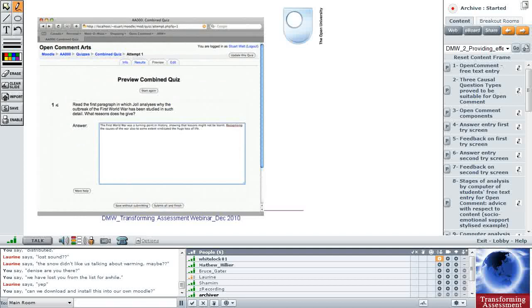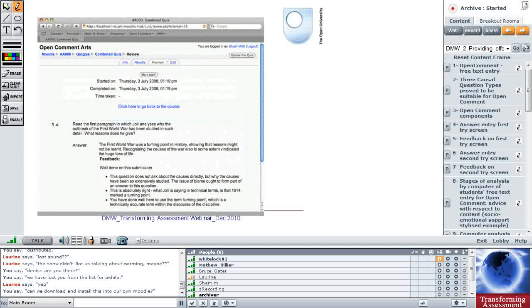And so the system goes on to help you when you put the second answer in. And here we've got some feedback by the student, then we've got feedback from the system, which picks up on the main points that were in the answer.